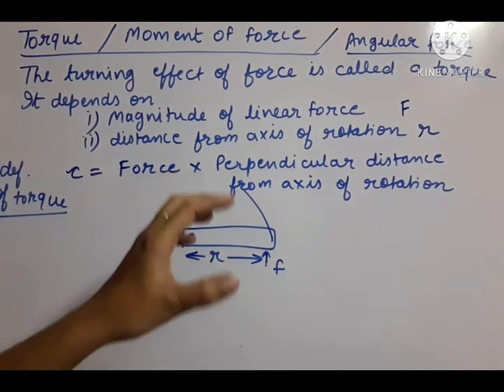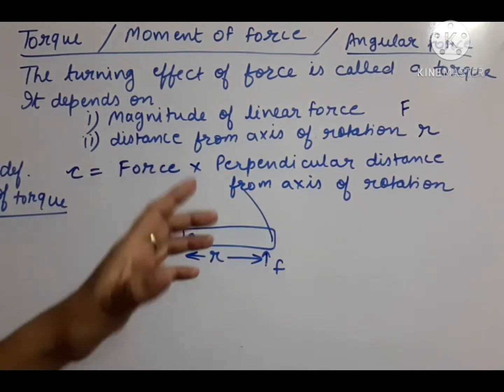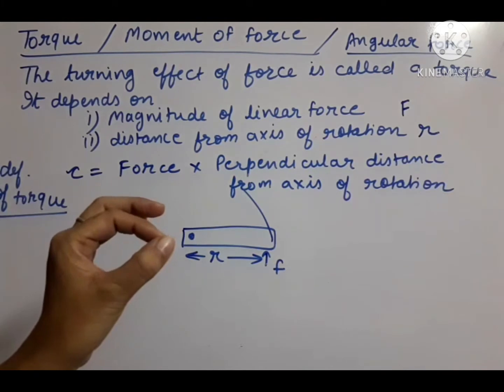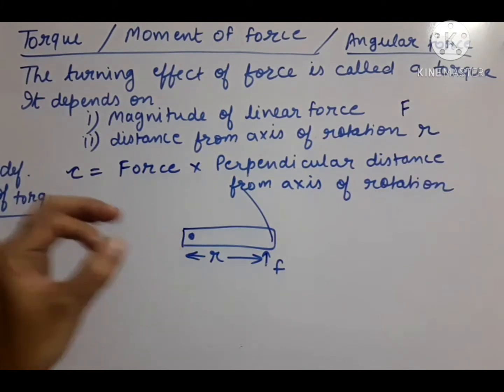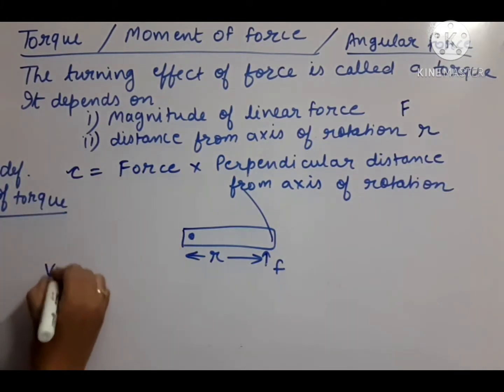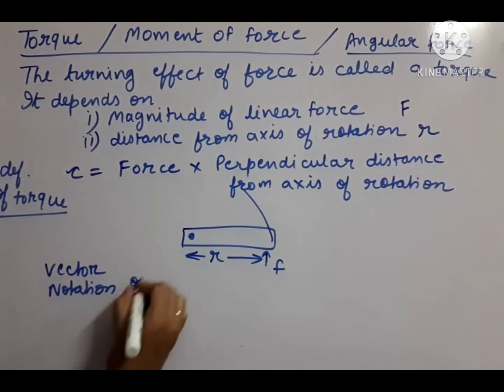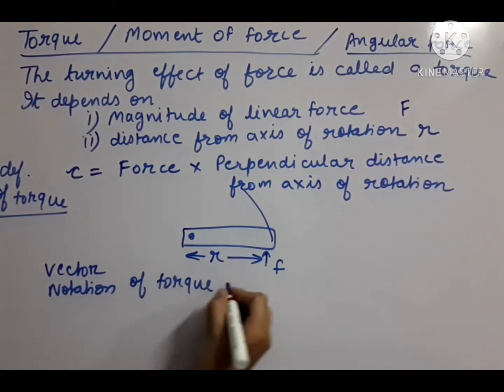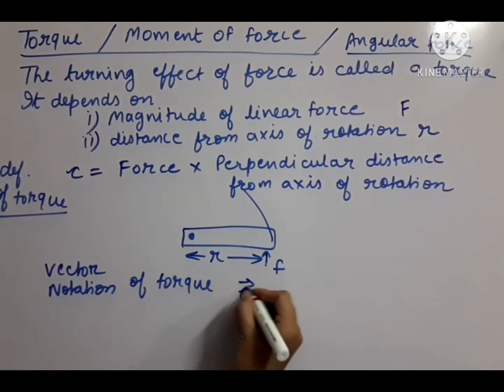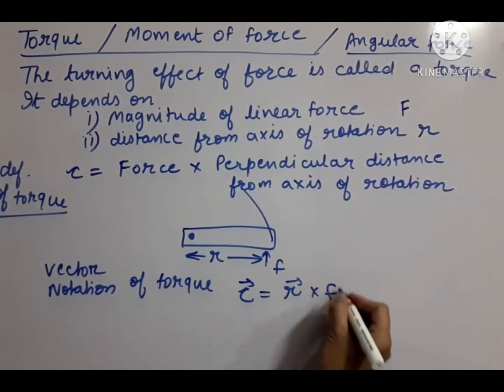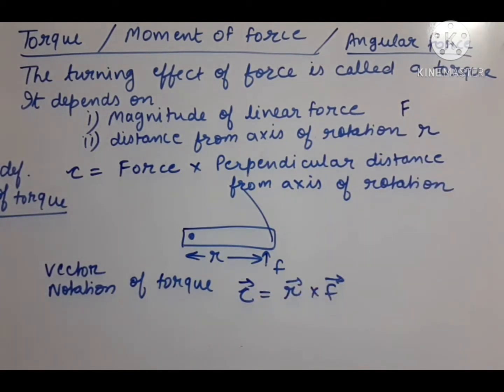Now we are already dealing with these quantities in scalar and vector form, so we need to learn the actual vector formula for this torque quantity. If we write the vector notation of the torque, it is given this way: torque is r cross F. Here r is that perpendicular distance from the axis of rotation. Now we know that this distance is a vector, and the linear force which we apply is also a vector.